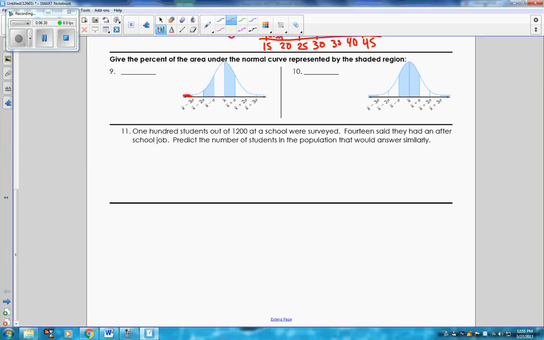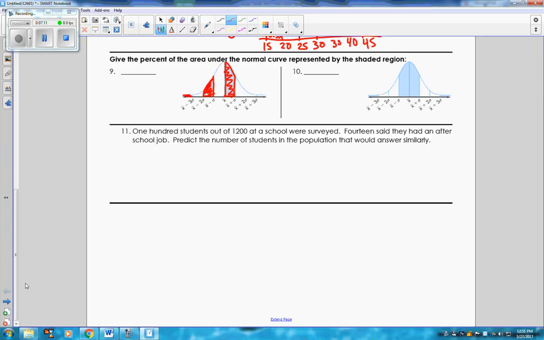It's this portion, that portion, there, and then the little bitty portion at the end. Oh, I'm kidding. Sorry. It's really hard to see. So it's only just those 3 portions.